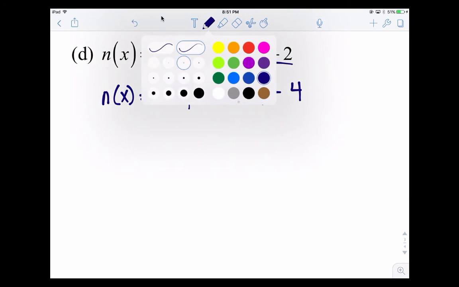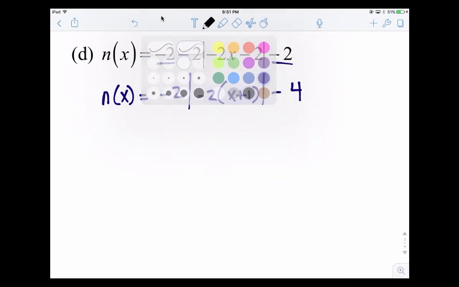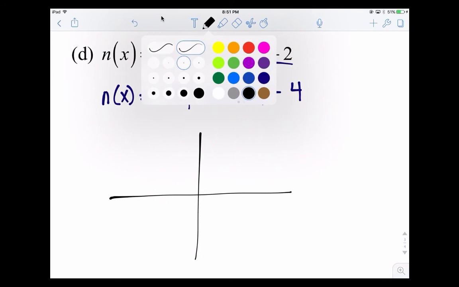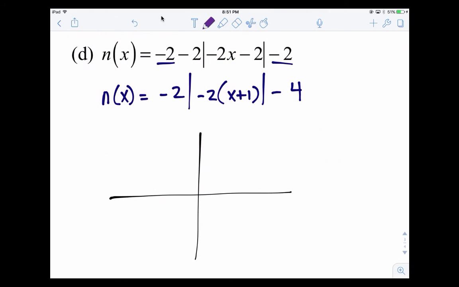Okay, so I'm going to draw my graph. An absolute value usually starts at 0, 0, right? But I'm going to move it now to the left 1 and down 4. So my vertex, in this case, is going to go to the left 1 and then down 4.